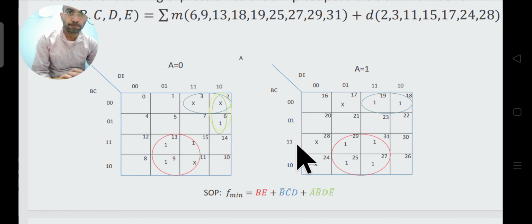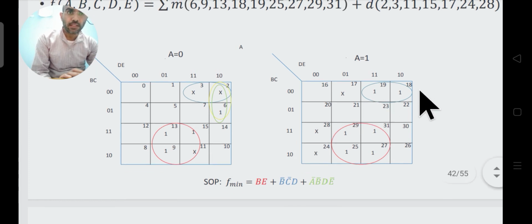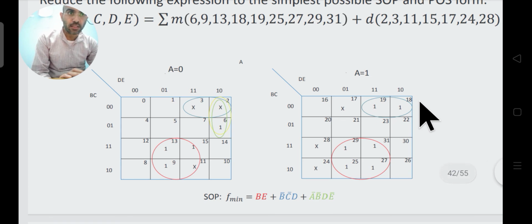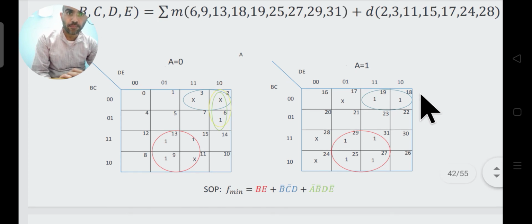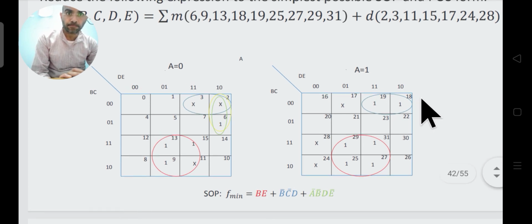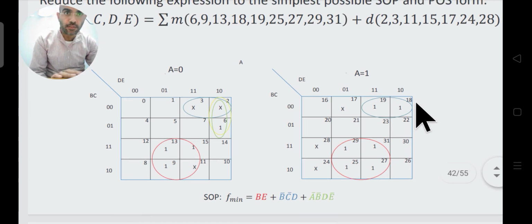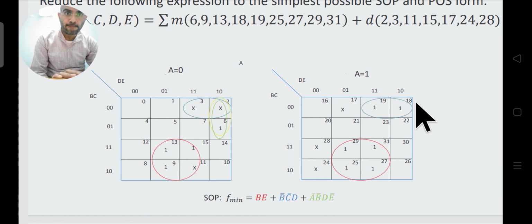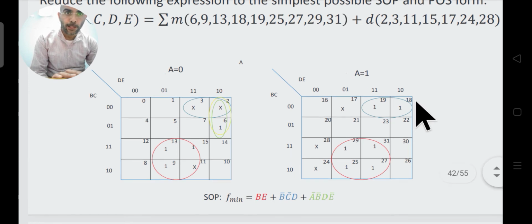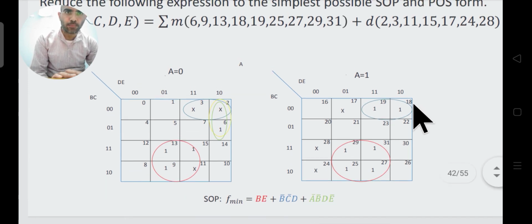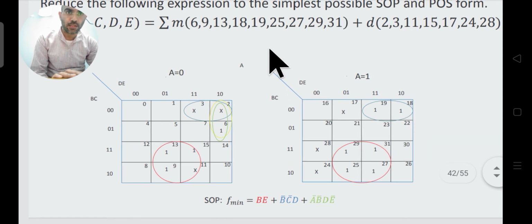Anyways, probably I made a mistake while marking this. How it got like this, I don't know. We'll see this problem in our tutorial class, because there is a mistake in this question.